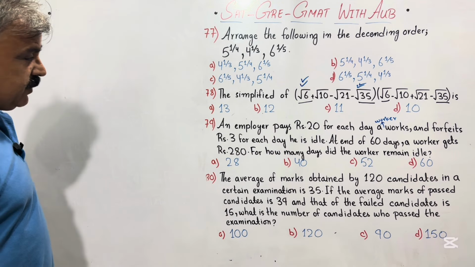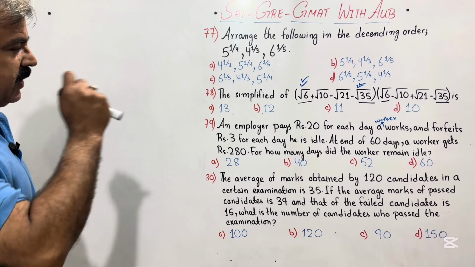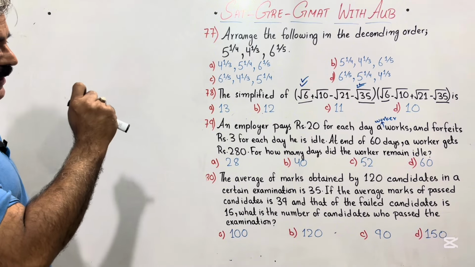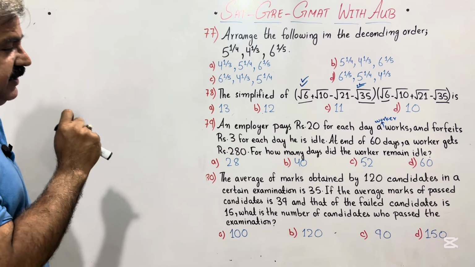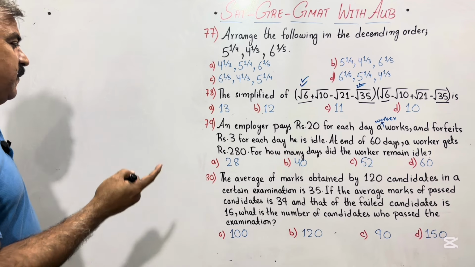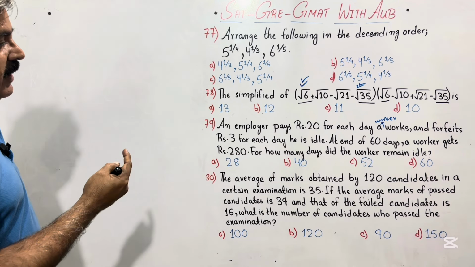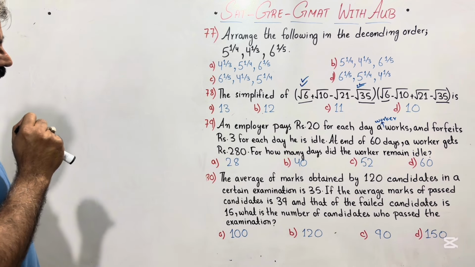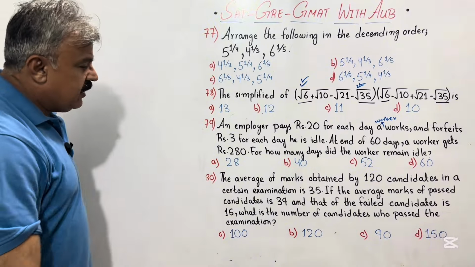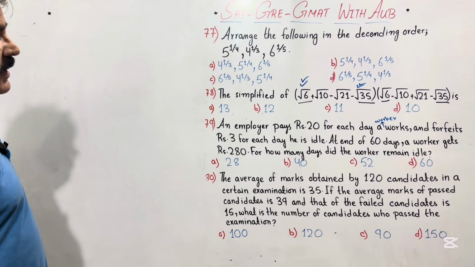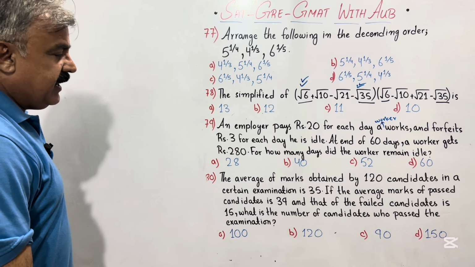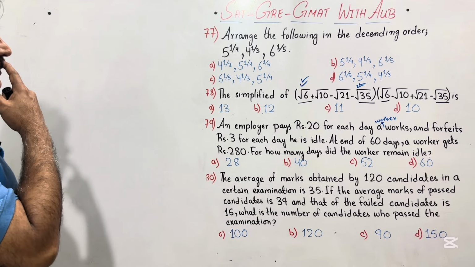An employer pays rupees 20 for each day a worker works. If he has not worked, then he has to pay, forfeits rupees 3 for each day when the worker is idle, not working. At the end of 60 days, a worker gets rupees 280.